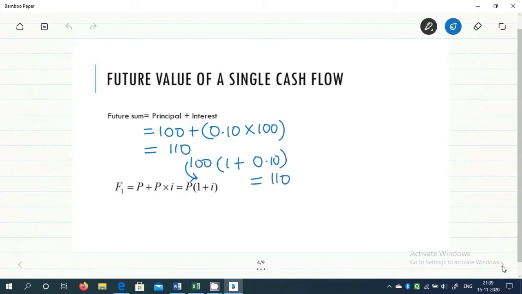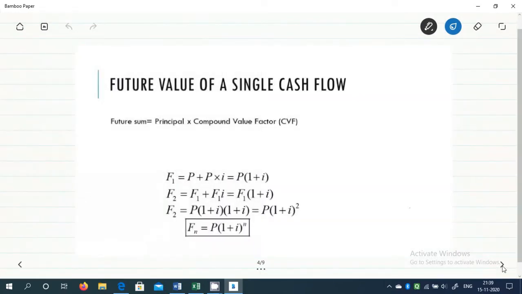Then we'll see how this future value of a single cash flow, or the compounding factor, works for multiple years. Say for example we calculate for 2 years the same amount, 100 rupees. For the first year, the interest amount is 10% into 100. That is for year 1.